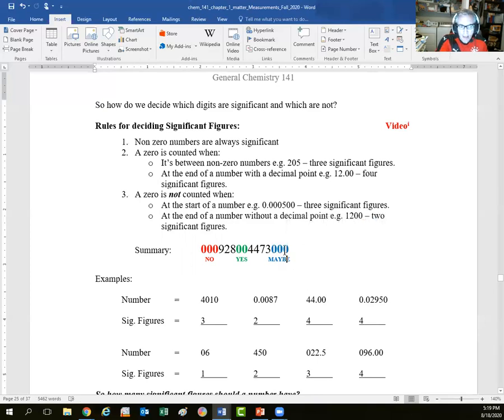Well, if there's a decimal point in the number, yes, we do, because that decimal point implies a greater level of accuracy and precision. But if that decimal place isn't there, then we assume that these zeros at the end are not significant. So never for the ones in red, always for the ones in green, and then maybe for the ones in blue. Include them if there's a decimal place.